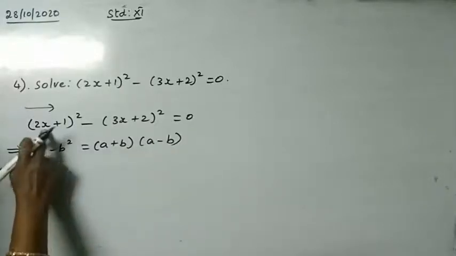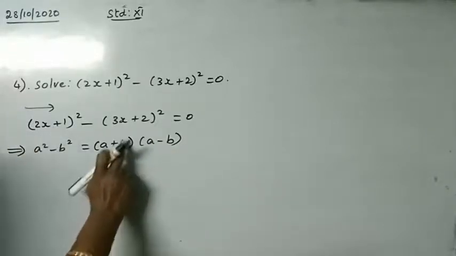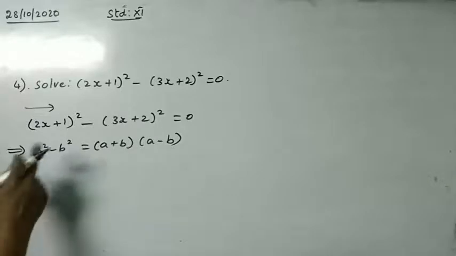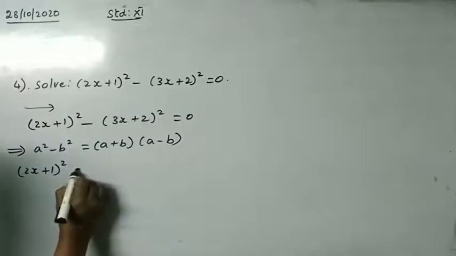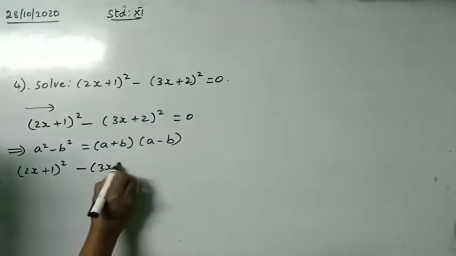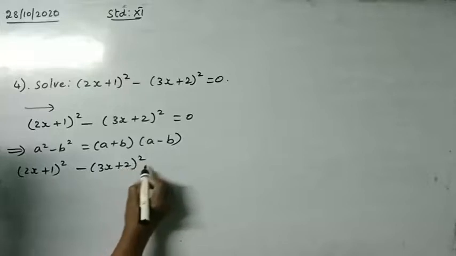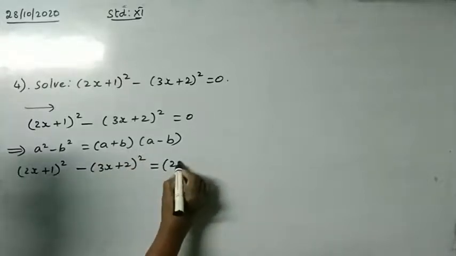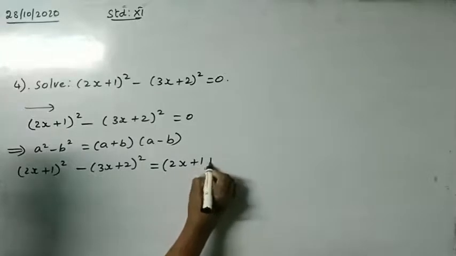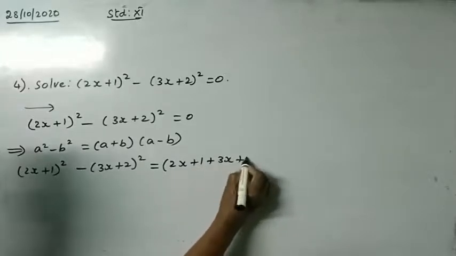Now take this a as 2x plus 1, b as 3x plus 2. Now let me use this identity. So (2x plus 1) the whole square minus (3x plus 2) the whole square is equal to a plus b, a minus b. A is 2x plus 1 plus 3x plus 2.